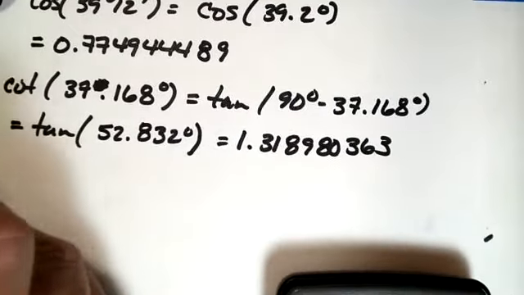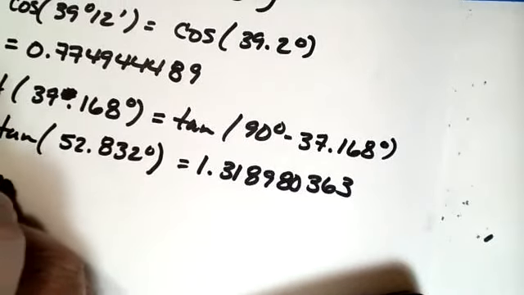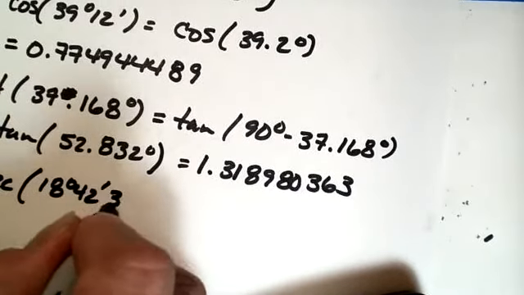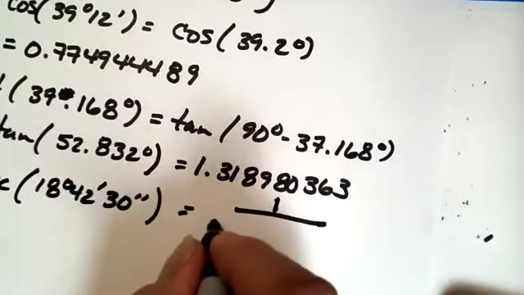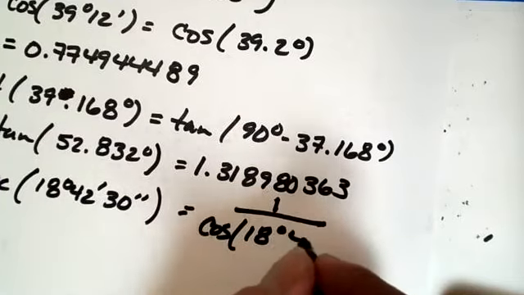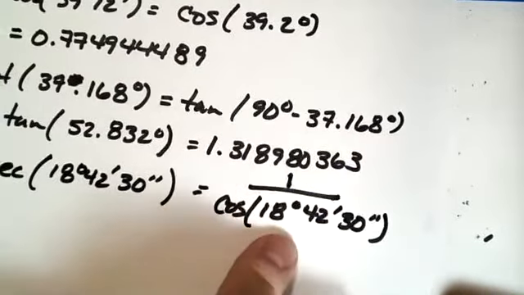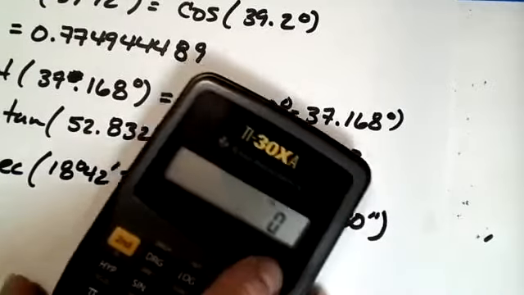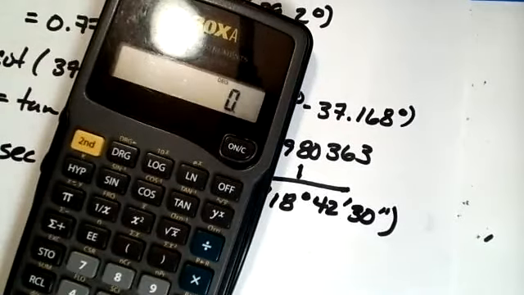So the easiest one to use is probably a reciprocal identity. So secant of 18 degrees, 42 minutes, and 30 seconds is equal to 1 over the cosine of the same angle, 18 degrees, 42 minutes, 30 seconds. Now, again, this is not particularly useful because we can't take the cosine of that angle either.